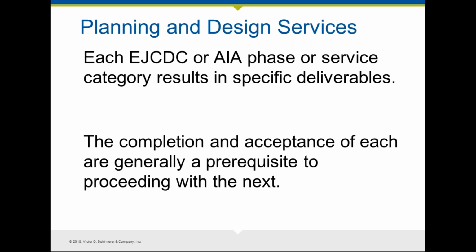Generally speaking, if you take nothing else away from this piece, just realize that if you have particular phases, it's generally understood that you need to complete and have the owner accept each phase before you go on to the next one. And what we don't want is a structure where you're required to have the owner review and sign off, and you don't actually do it.